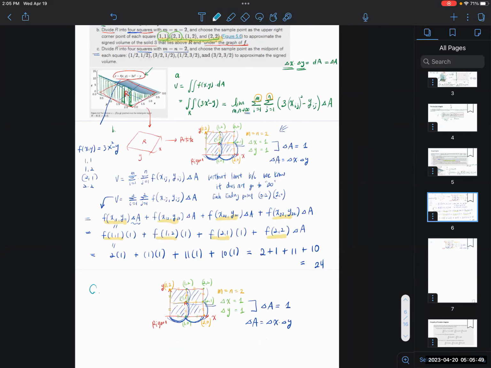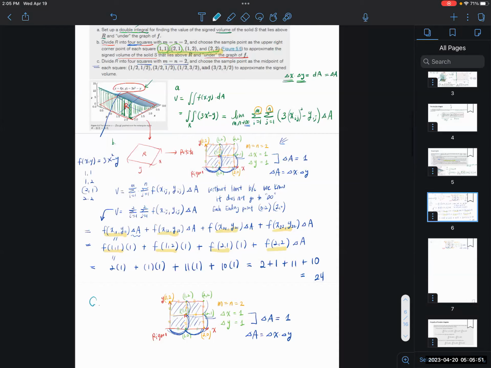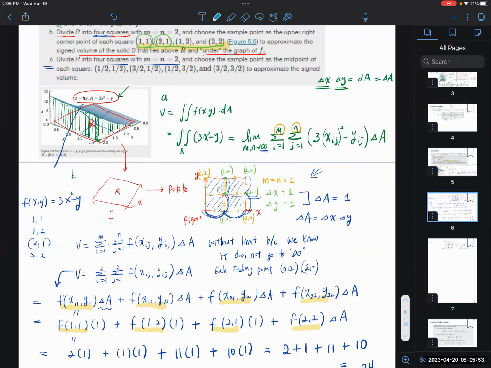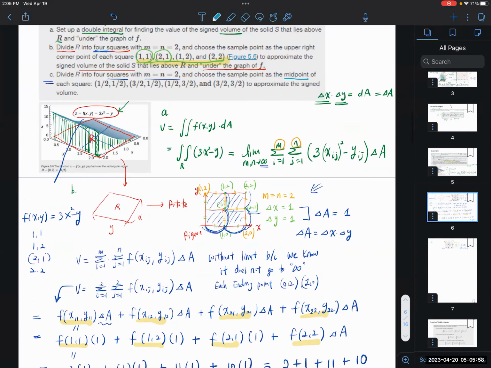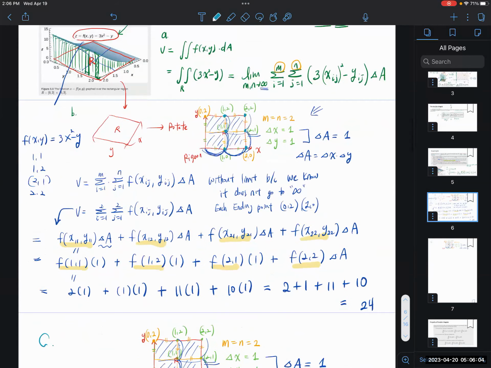But this time, they choose the middle point. So what is the difference between B and C? They used to choose the corner points to find out the volume, right? So that you find out this one times height, this is a height times the region area, we keep adding.